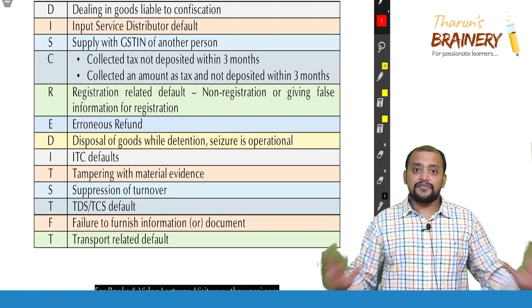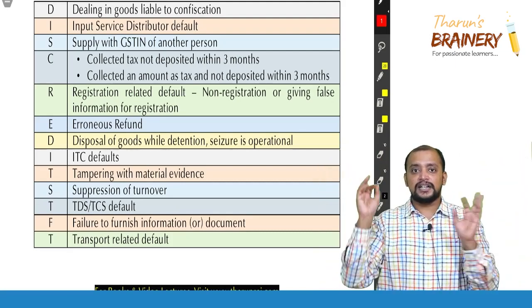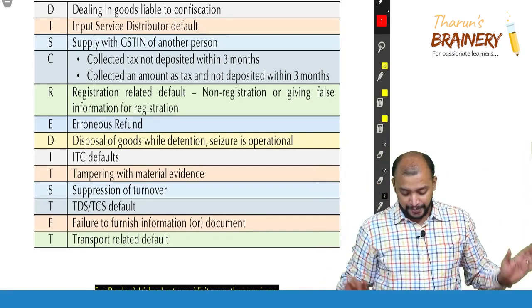Okay, so these are the offences that lead to penalty given in 122 subsection 1.